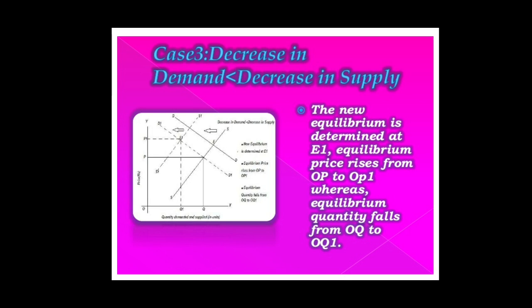So we can say that when the decrease in demand is less than decrease in supply, or in other words, when decrease in supply is greater than the decrease in demand, then in that case, the equilibrium price will rise, but the equilibrium quantity will fall.